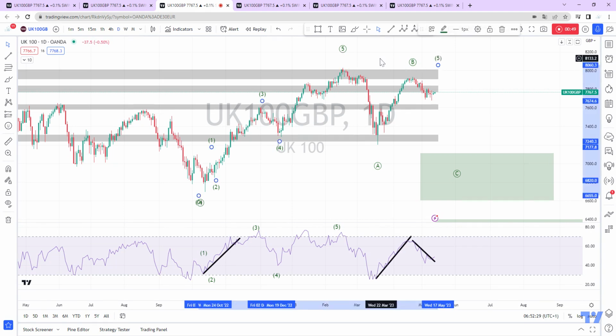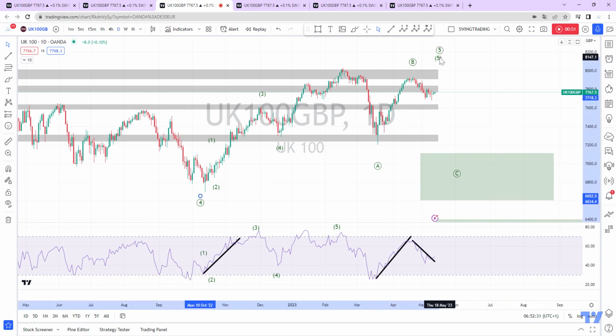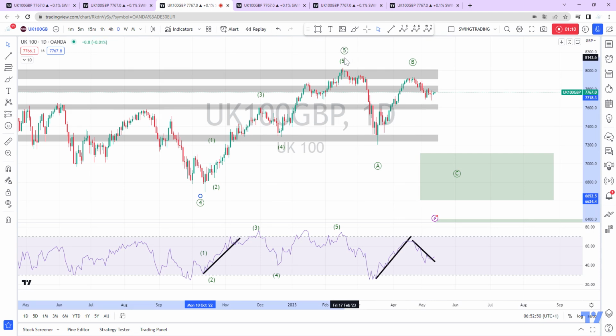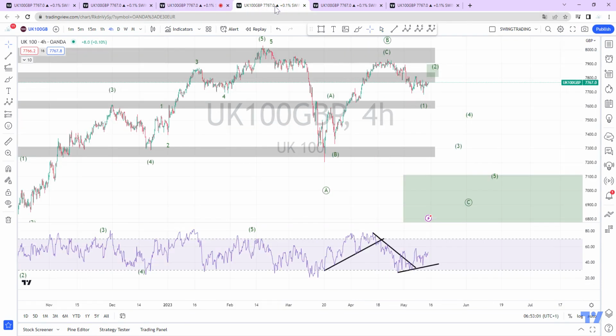We could make one more high, and then our count becomes something like this: 1, 2, a long wave 3, 4, and 5. But for now, my primary scenario is that our high is in, and we are starting the pullback in the higher time frame. Now, let's have a look at the lower time frame.